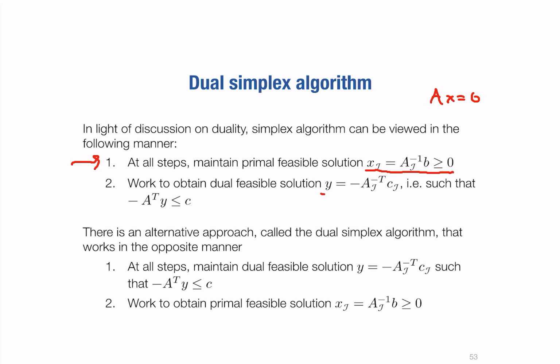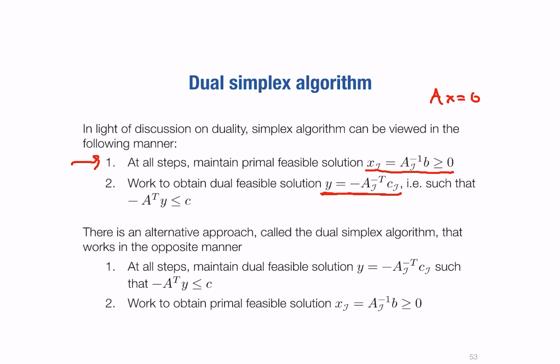But if we now define this variable y as a dual variable, and remember, if you can't quite remember this, you can go back to the way we proved that the simplex algorithm finds a primal and dual optimal solution. The idea is we're trying to find some point where this solution y is also dual feasible.